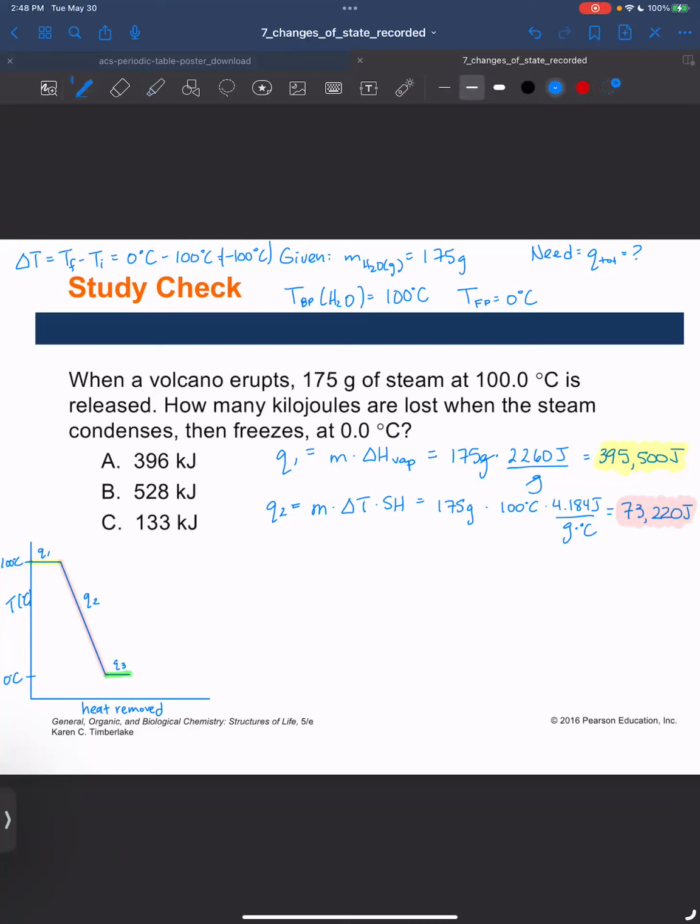Q3, now we're taking all that liquid water and converting it into solid. We're freezing it. So we need the mass times the enthalpy of fusion, because that's the freezing, melting heat of fusion. So that's 175.